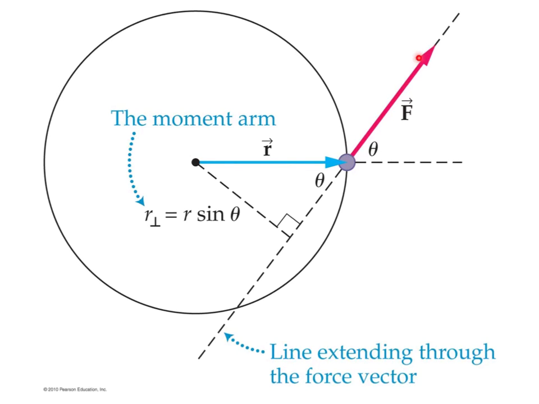So if we were to take this angle between them, so this is our force, this is our radius, this right here would be our angle phi. In order to get the moment arm, R perpendicular, we would take that R and multiply it by the sine of that angle right there. So instead of modifying the force, we're simply modifying the hypothetical radius around which that force is applied.